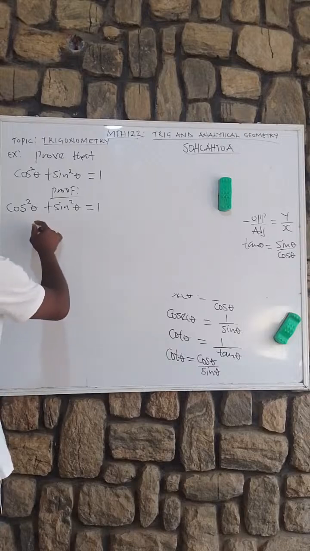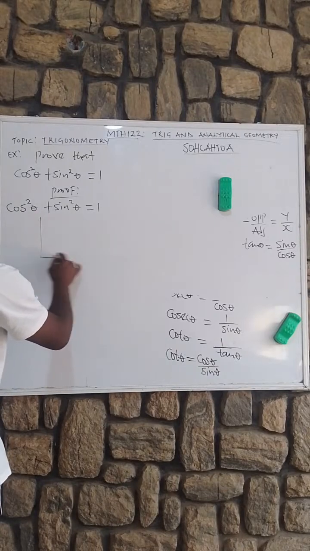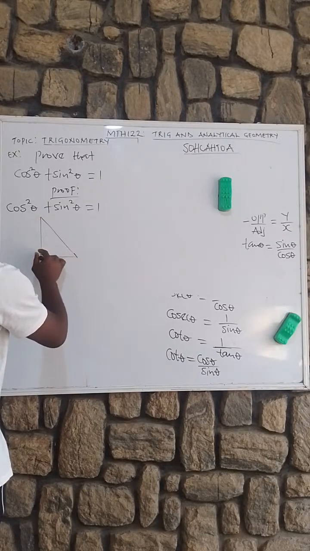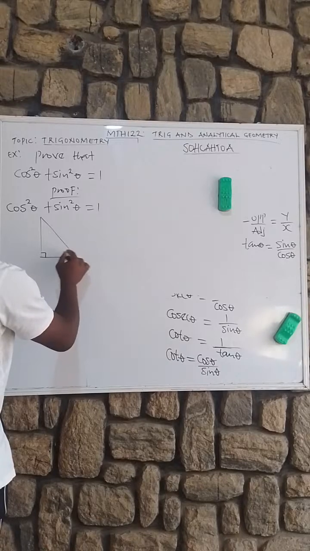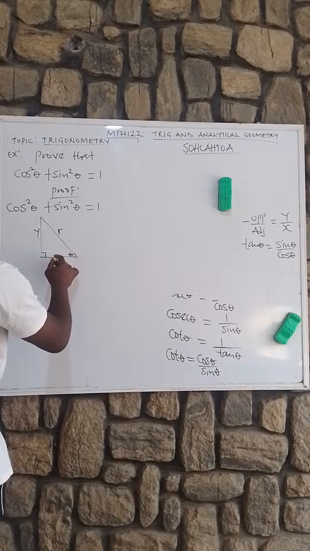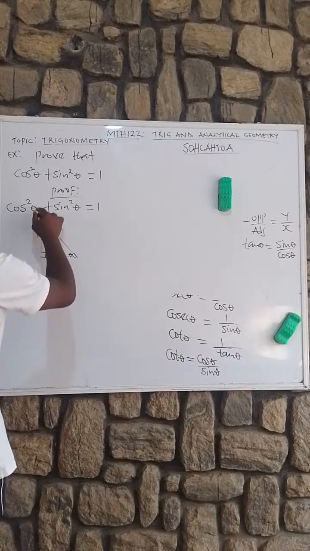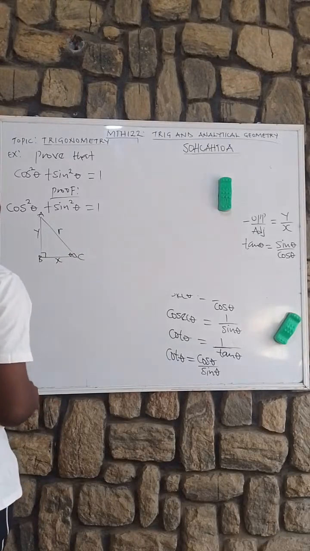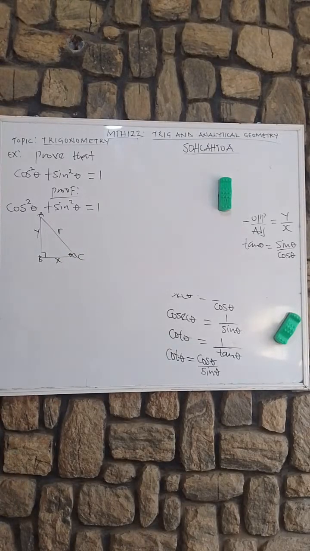If I were you, go back and draw your triangle. Theta, this is y, this is x, points A, B, C. Alright? So far, so good.